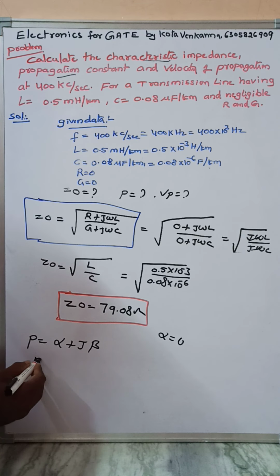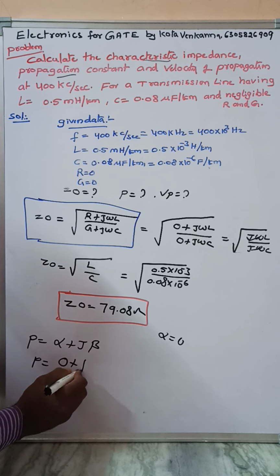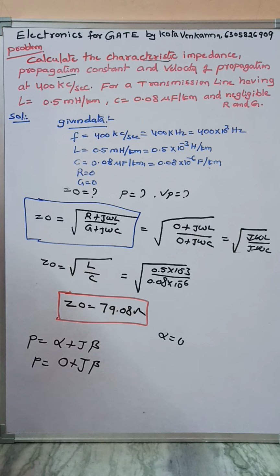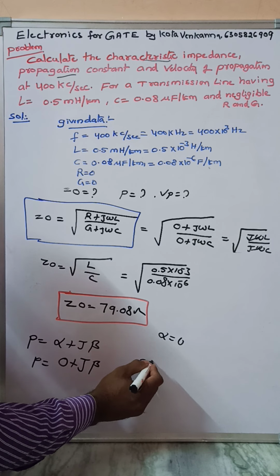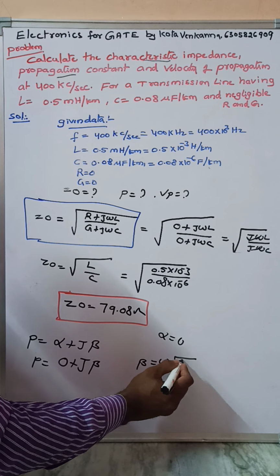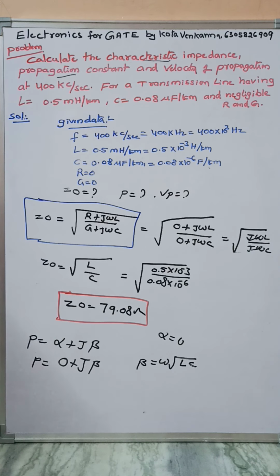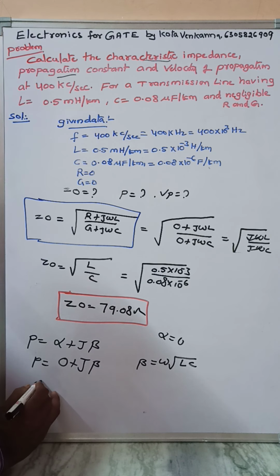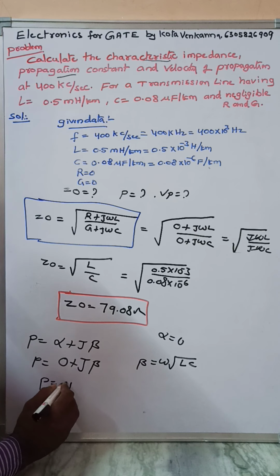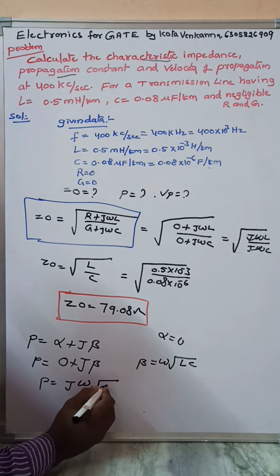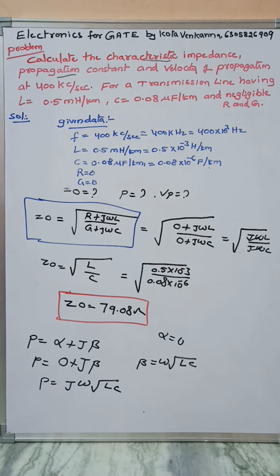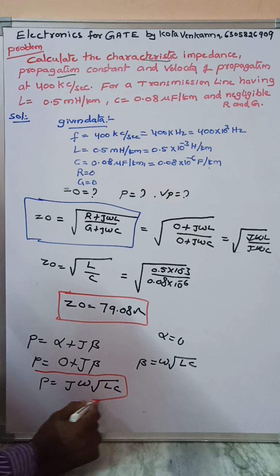So P is equal to 0 plus j beta. In previous classes I have derived the equation for beta: beta is equal to omega into square root of LC. So P is equal to j omega square root of LC. That is the formula for the propagation constant P.